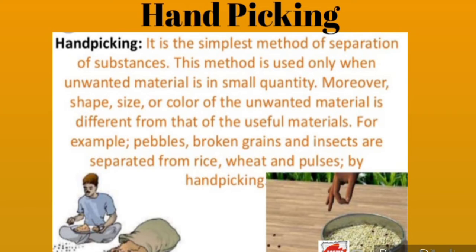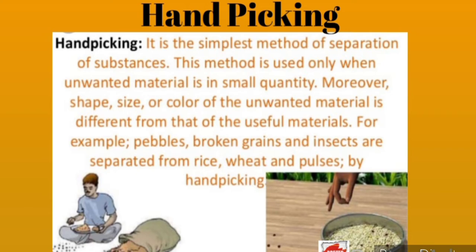The hand picking method is used only when unwanted material is in small quantity. Moreover, the shape, size or color of the unwanted material is different from that of the useful material. For example, pebbles, broken grains and insects are separated from rice, wheat and pulses. So this is hand picking.